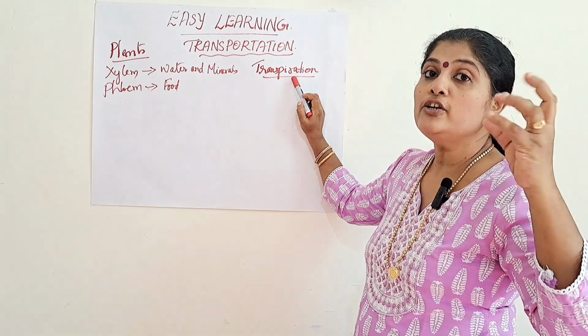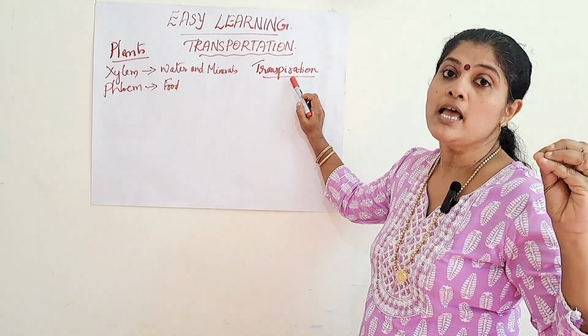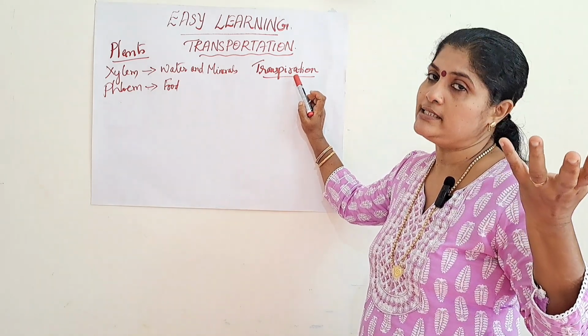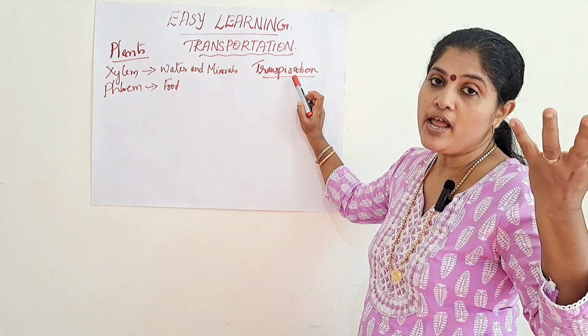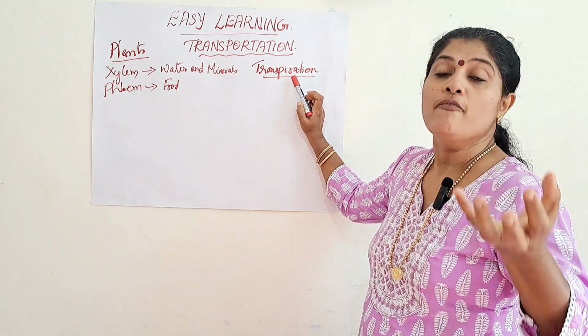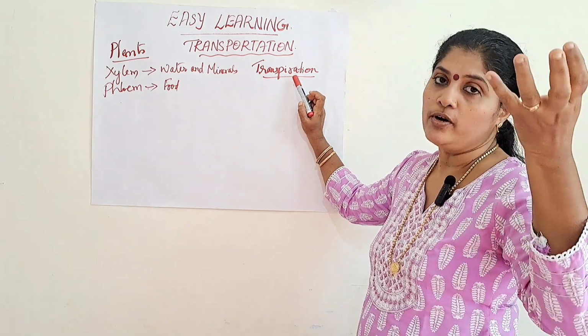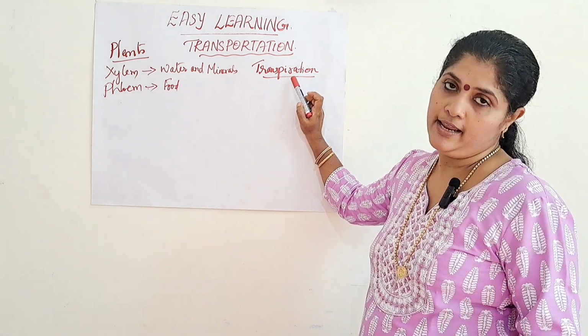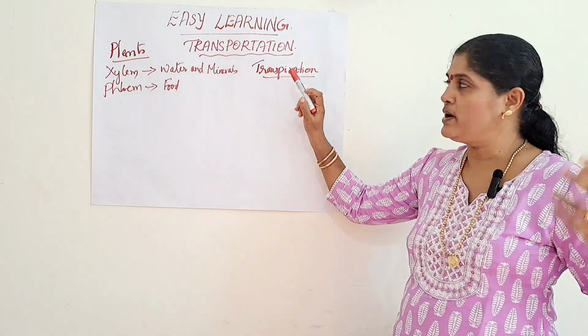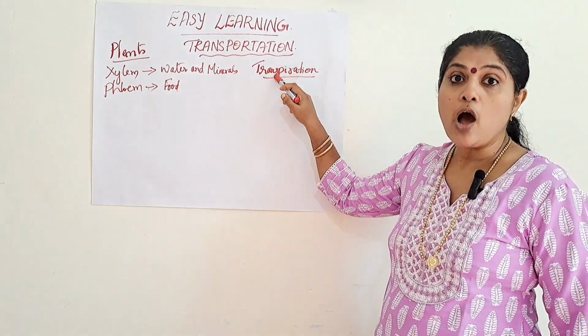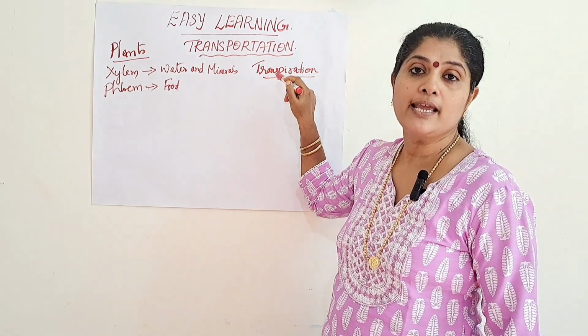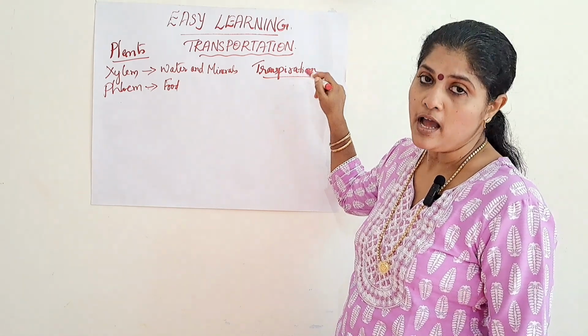When there is a continuous loss of water from the leaves, a suction pull arises from the bottom, which helps the water to move upwards and reach the leaves. Continuously the water is lost by this process. So, that is how transpiration helps in the upward movement of water in the plants.